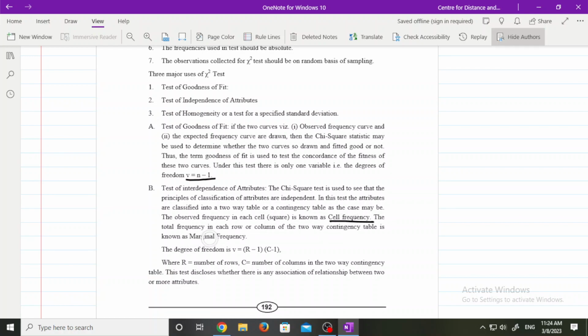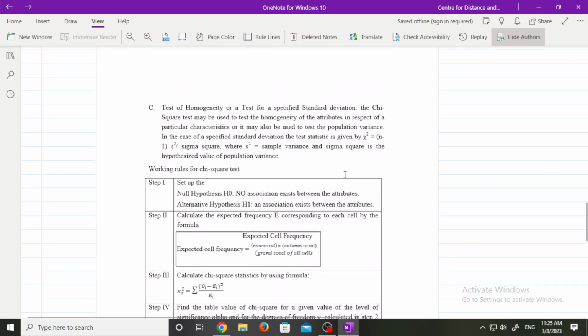The total frequency in each row or column of the two-way contingency table is known as marginal frequency. The degrees of freedom is calculated by the formula (number of rows minus 1) into (number of columns minus 1), that is (R minus 1) into (C minus 1), where R is the number of rows and C is the number of columns.